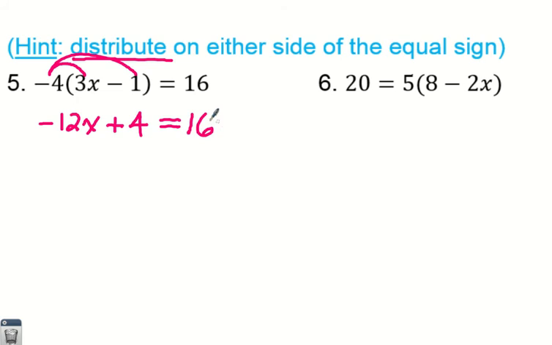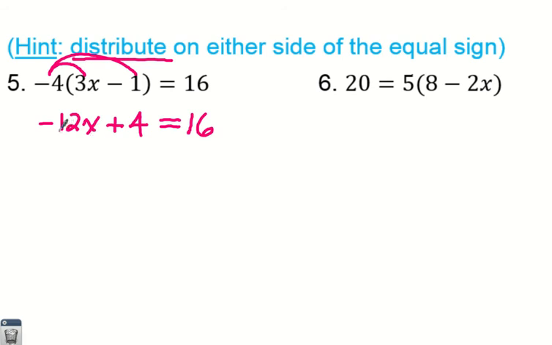There's an x over on this side, and maybe there'd be an x over on this side, and we would need to get the x terms together on one side so they combine. That's foreshadowing, though. That doesn't apply in number 5. There's only an x here, so we can just start getting it all by itself.